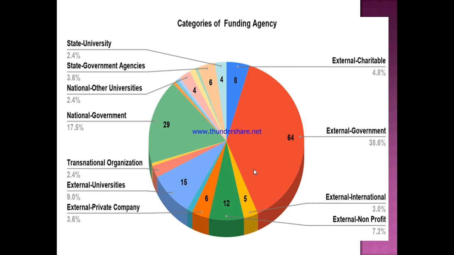The remaining major contribution goes to external non-profit agency 7.2%, and after that there are external charitable agencies, then state government agency 3.6%, then state university and other national universities 2.4%, and transnational organization, and external universities having 9% over here.